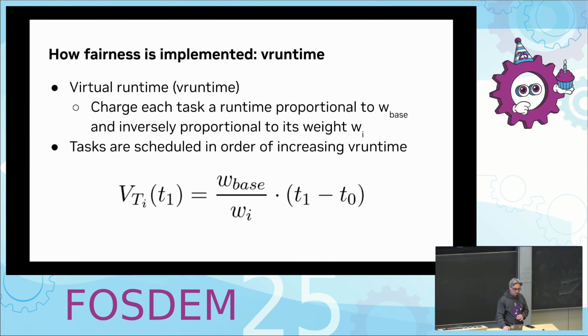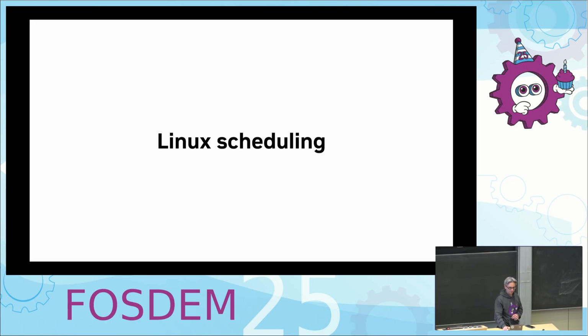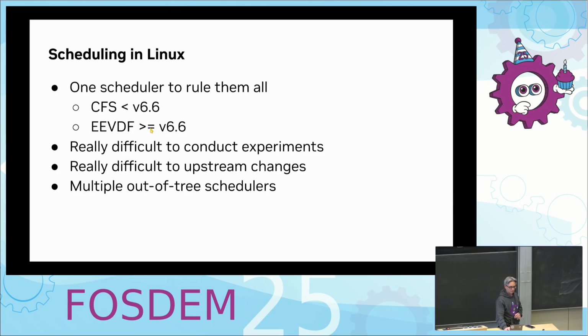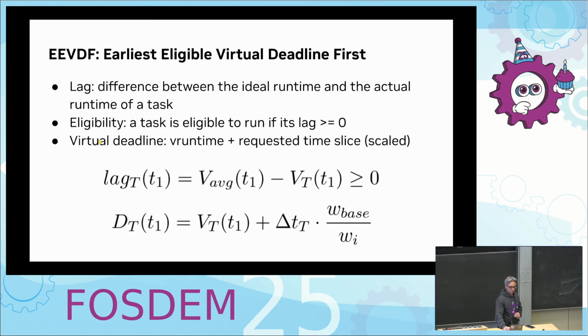This is how the CFS scheduler, the completely fair scheduler, was implemented before 6.6. Now we have EEVDF, and EEVDF is the same. It's still based on vRuntime, but it's a deadline-based scheduler.